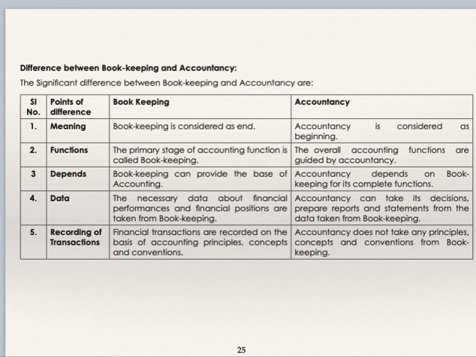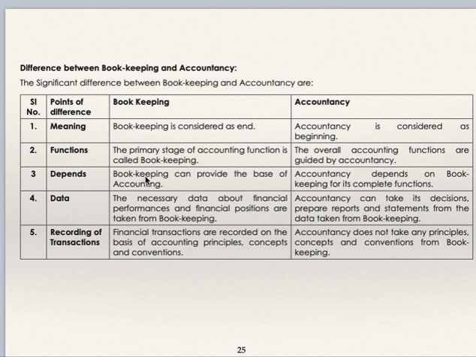Bookkeeping deals with identifying and recording financial transactions, whereas accounting summarizes, interprets, and communicates financial data. So, in bookkeeping, only transactions are recorded in the books of accounts, and in accounting, financial statement, profit and loss account, and balance sheet is prepared.